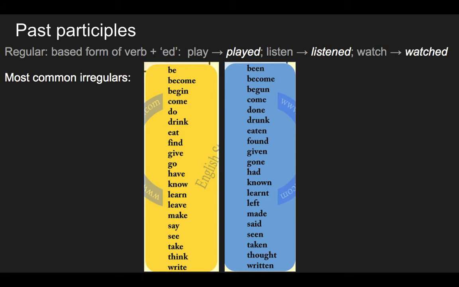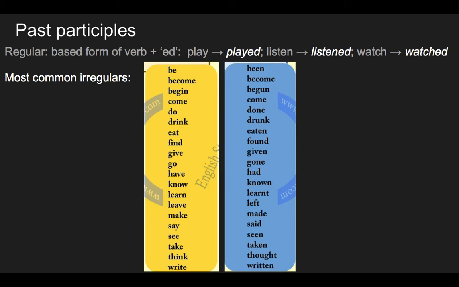I have been. I have been to Cartagena. Become, I have become. Begin, begun. Come, come. Do, done. Of course, do in the past is did, but here I have done.